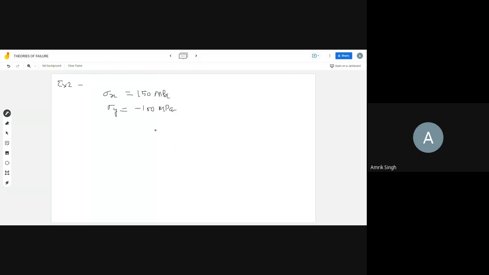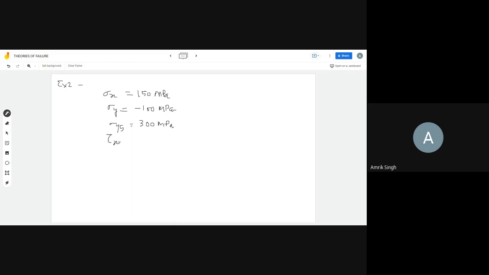So the yield strength Ys is given 300 megapascal. Okay. Calculate the maximum safe value of Txx.